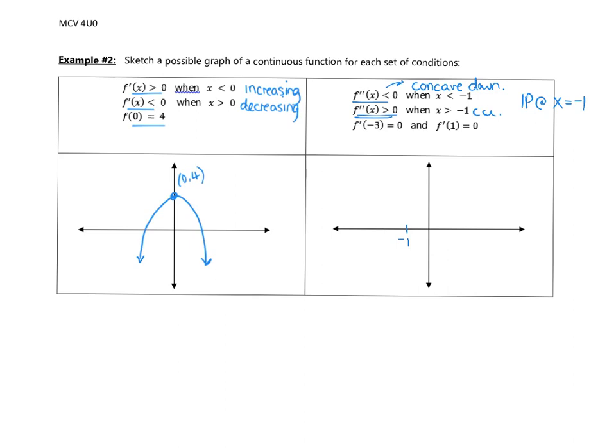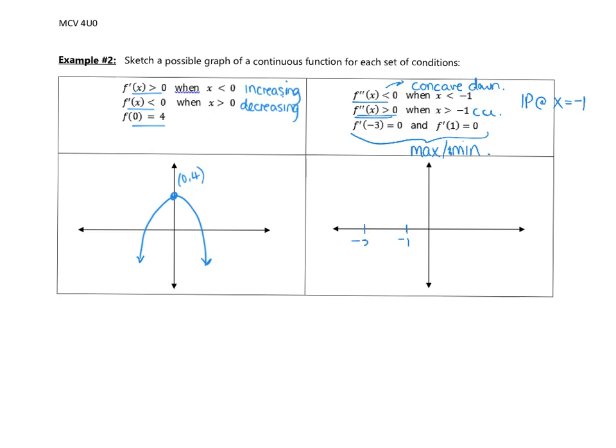Okay, now we have a little bit more information right here, and that's about the first derivative. So f prime of -3 equals 0, and f prime of 1 equals 0 as well. So that means the slope of the tangent line at those places is 0, and so these are likely max-mins, right? Or we're going to draw them. There are some exceptions to this, but that's kind of the idea that those could be max-mins.